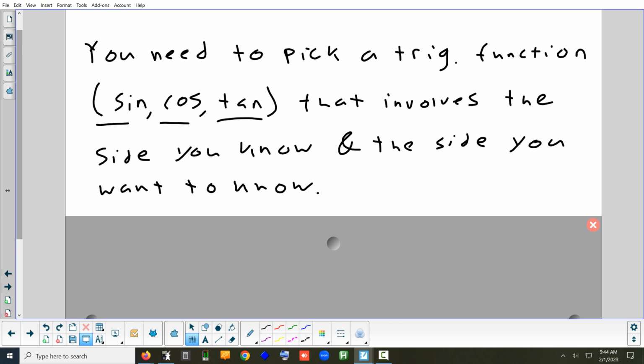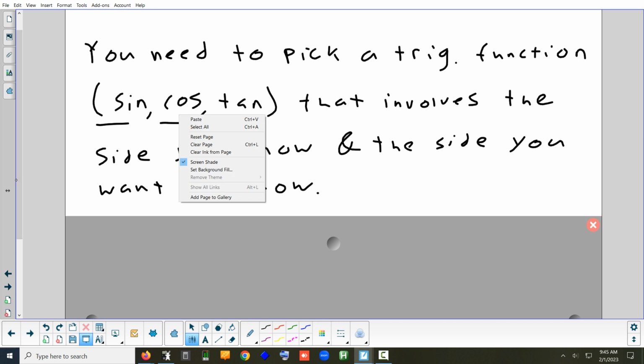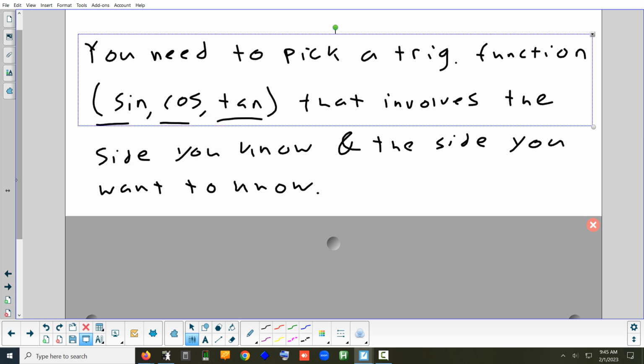I want to get the hypotenuse. What trig function has opposite and hypotenuse in it? It's only one out of these 3. So which trig function we use, we're going to draw a diagram, and then we'll figure it out. So if you're doing a problem with opposite and hypotenuse, you're going to use sine. Adjacent and hypotenuse is cosine. And tangent is opposite and adjacent.